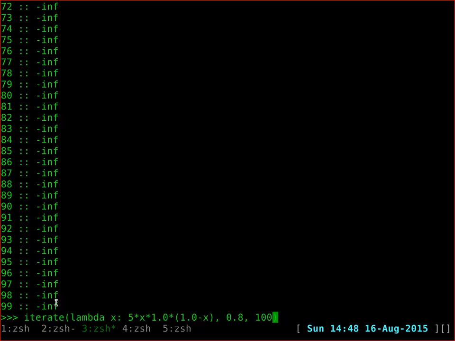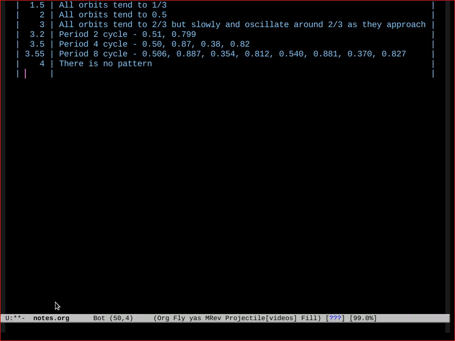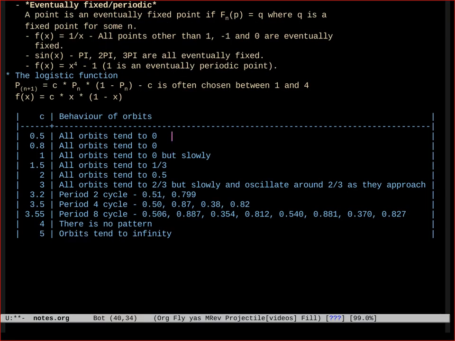So with 0.1, it goes to infinity. With 0.2, it goes to infinity. With 0.5, you already saw it. With 0.8, 0.9. With 0, it stays at 0. It's a fixed point. But you can see that most numbers tend to infinity. With 5, orbits tend to infinity. So this is the behavior of our function with different values of c.